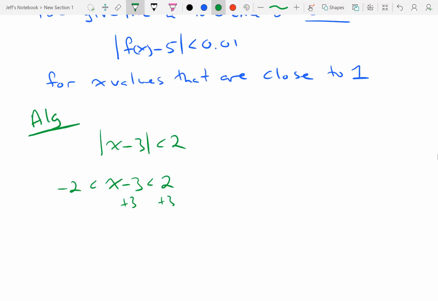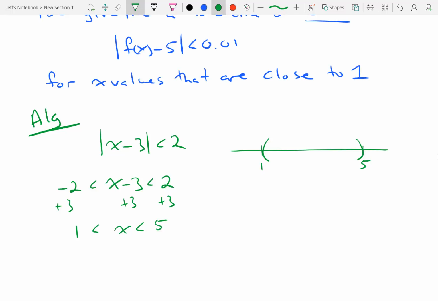And then I would add 3 to all 3 sides, and I would get that x is bounded above by the number 5 and bounded below by the number 1. And if I graph that for you on a number line, I would have the number 1 and the number 5, and I would say that it has to be in between those two values.